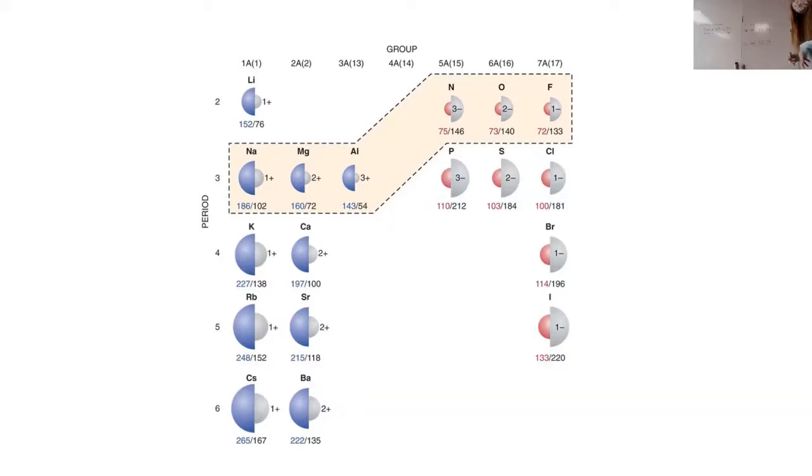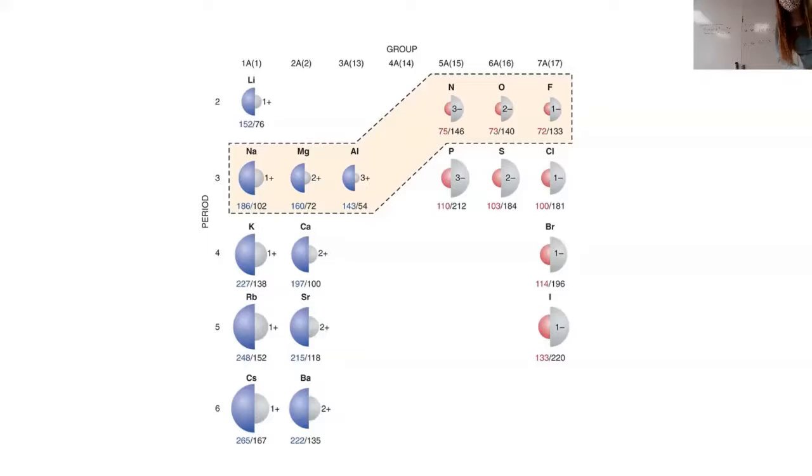So my magnesium 2+ is 72 compared to the sodium plus, which was 102. And so the magnesium 2+ is actually a little bit smaller than the lithium plus. What's the magnesium neutral? Neutral for magnesium is 160. So that's actually less than half of the original magnesium.